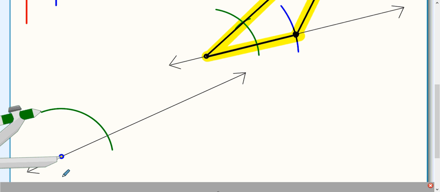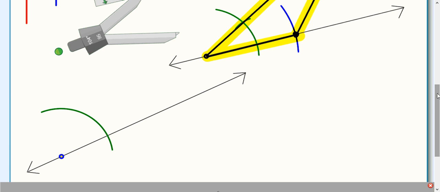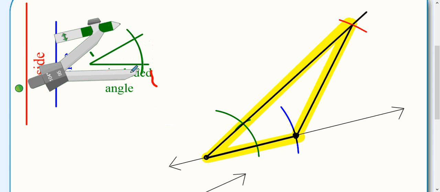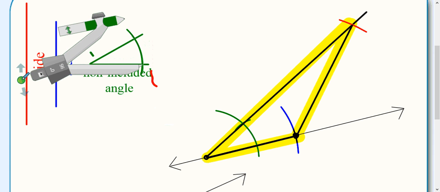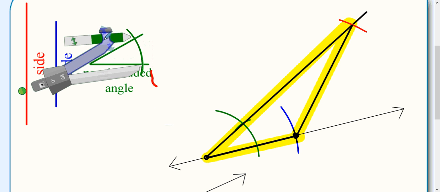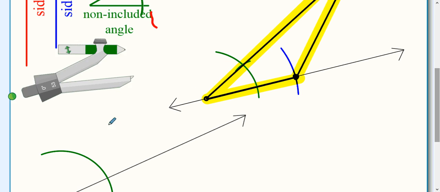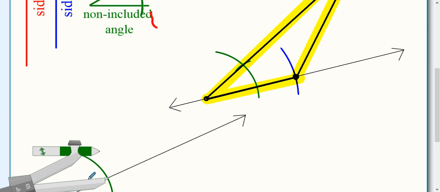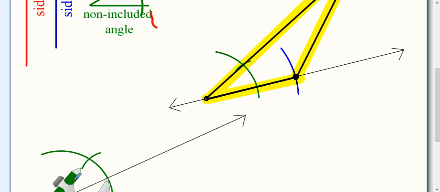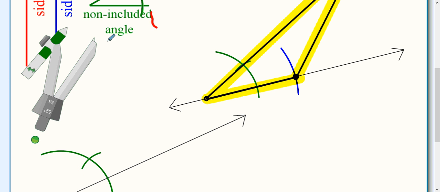Then you measure that opening. And there's our angle.